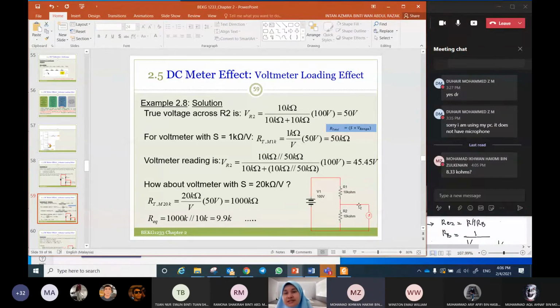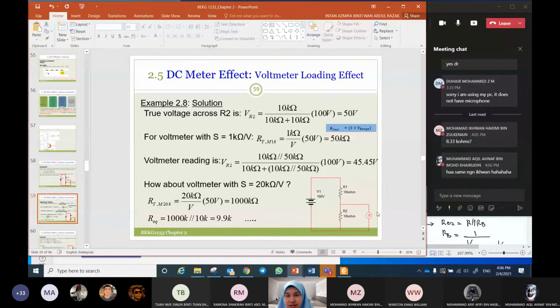In other words, the R equivalent now is 10K parallel to 50K. 10K parallel with 50K, and you get 8.33K ohm. Is it right?